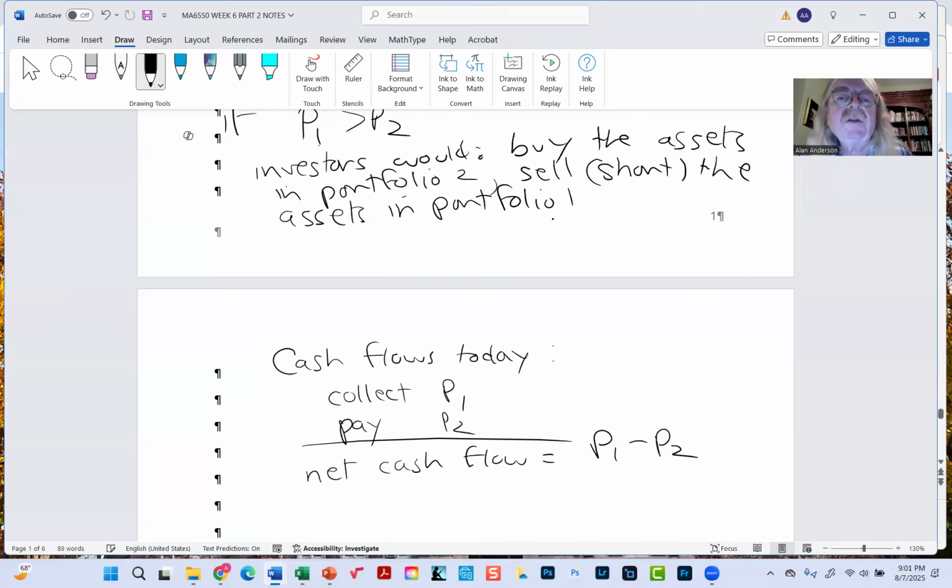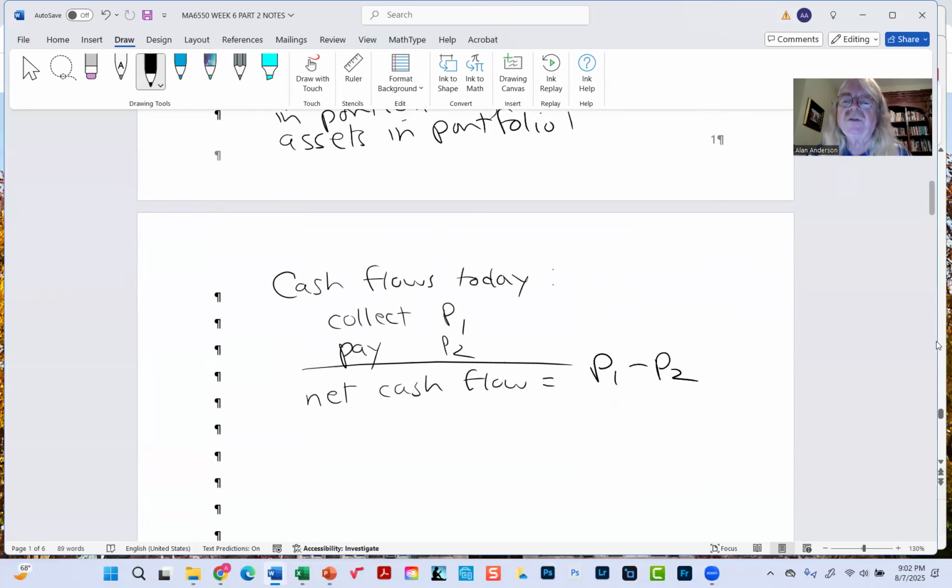The net cash flow, I'm collecting P1 because I'm selling its assets, but I'm paying P2 because I'm buying those assets. So the net cash flow is P1 minus P2, but because we're assuming P1 is greater than P2, that implies that this is positive.